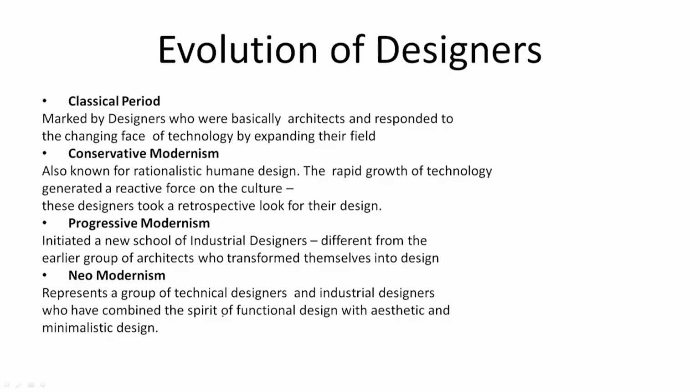And finally, we have a new phase which is continuing today, neo-modernism, which represents a group of technical designers and industrial designers who have finally been able to combine the spirit of functional design with aesthetic and minimalistic design, which was initiated by the Bauhaus in the period of progressive modernism.